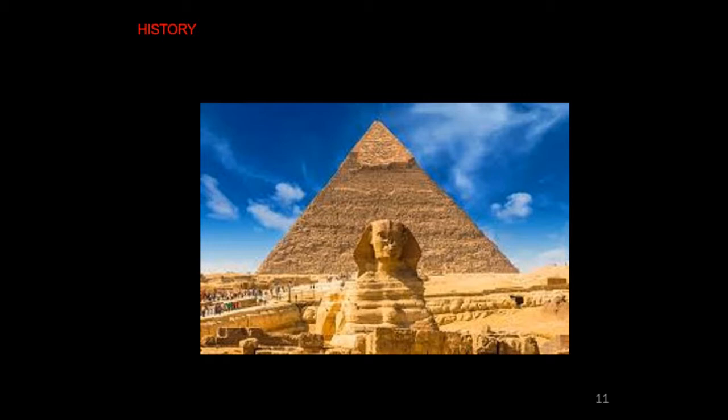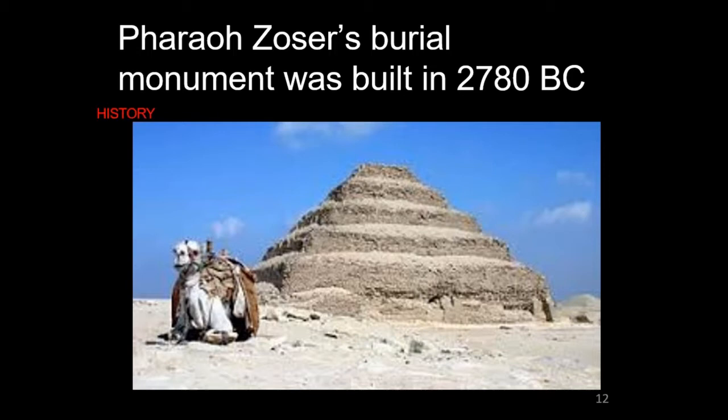These were all made by our civil engineers and project management philosophy. Here is the history of Pharaoh Djoser's burial monument, which was built in the year 2780 BC. In this monument, the highest priest and architect was the leader of construction work. So this priest did the project management, and project management came into existence.